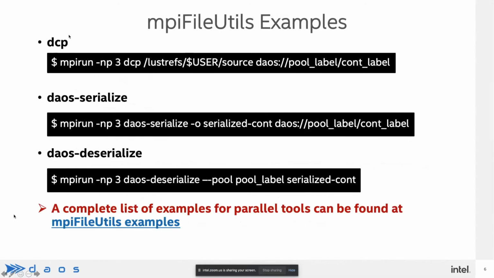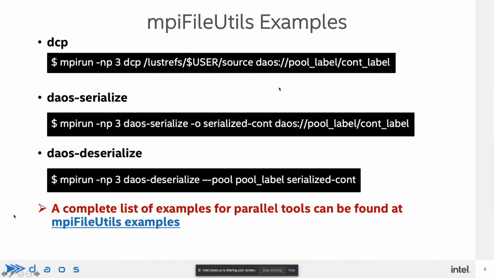This is just a couple of examples of how you would run a copy job using mpiFileUtils and DCP specifically, which is a copy. You need to launch MPI and then specify the number of processes that you'd like to run.